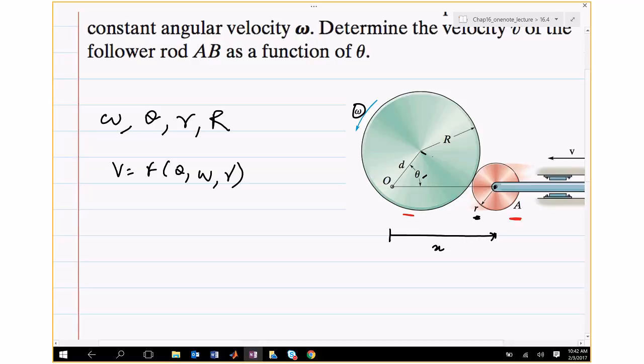So let me help you. I'm going to complete the triangle. Okay, now I have a triangle formed by, okay, I think there's another thing which you know, I just saw it again. D is also known. What is X from where to where? It's from the stationary point O all the way to A. So can you find X in terms of things which I know about, the geometry of the various things in this?